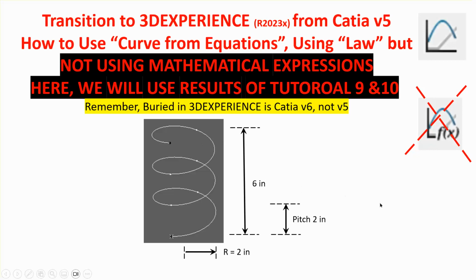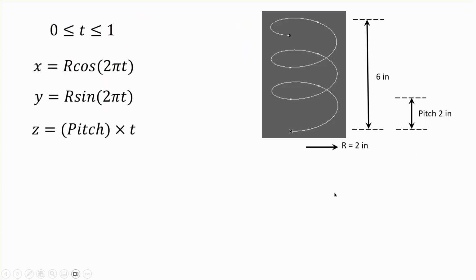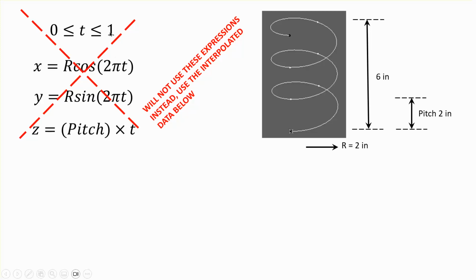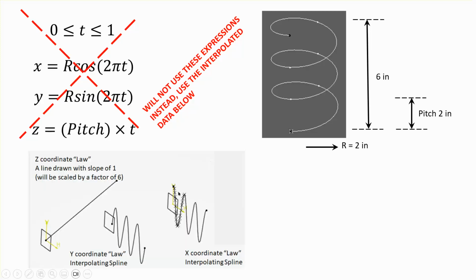Here's the helix that you want to do, and instead of using these formulas, which was done in 8, we're going to use the 3 curves that were generated in 9 and 10. The cosine curve, 3 cycles of cosine curve was generated, then 3 cycles of sine curve was generated, and of course there I also created a line, so that really doesn't matter.